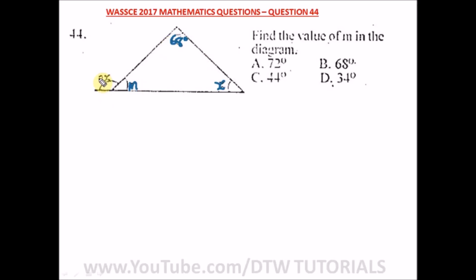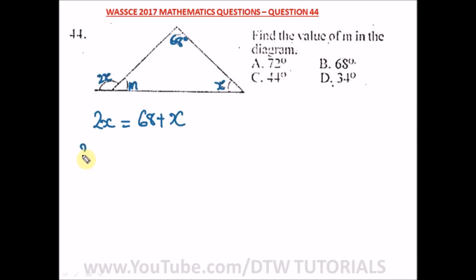So we're looking for m, and remember that the exterior angle is equal to the sum of the two opposite interior angles. So 2x is equal to 68 plus x.